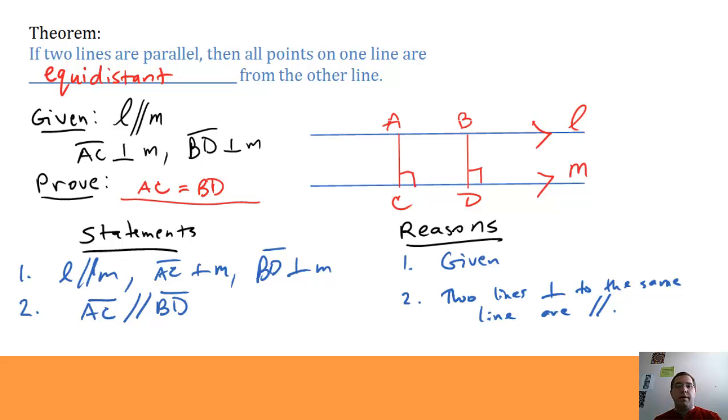It was a theorem we used back in Chapter 2 when we talked about parallel lines. Two lines perpendicular to the same line are parallel. So AC is parallel to BD. So I've got L parallel to M and AC parallel to BD. That means I have got a quadrilateral with opposite sides parallel.